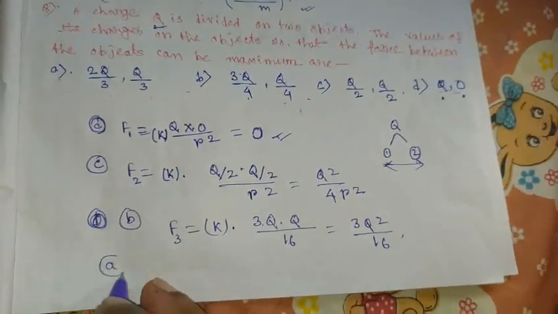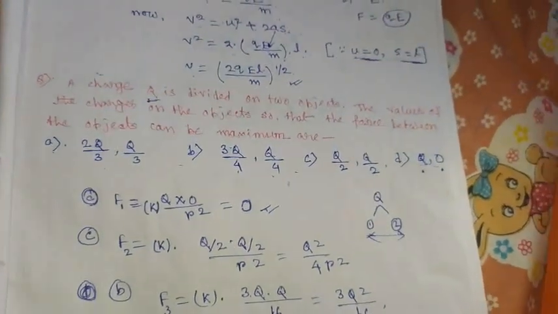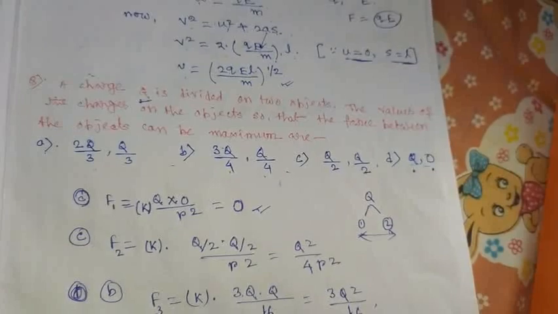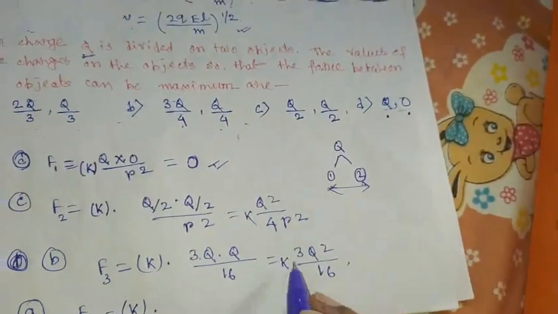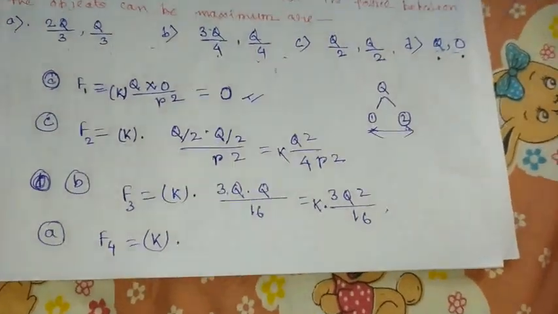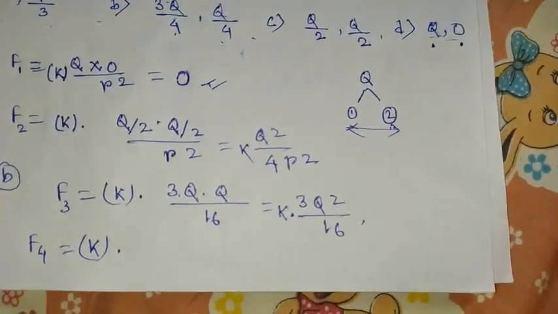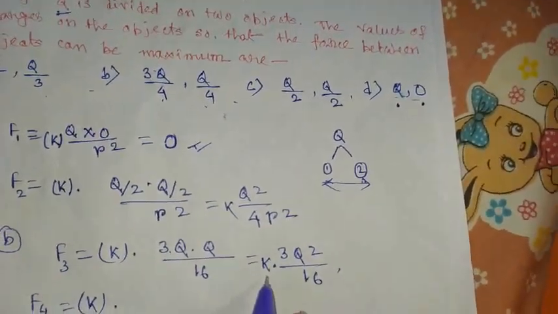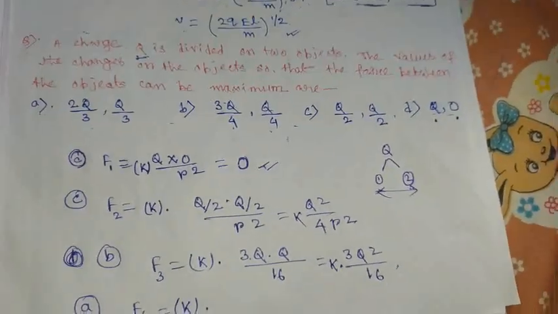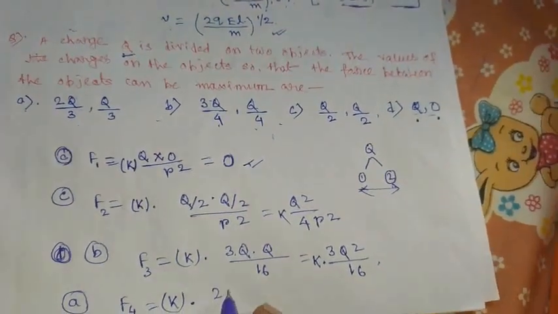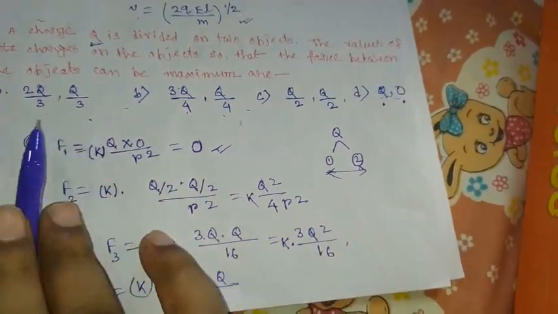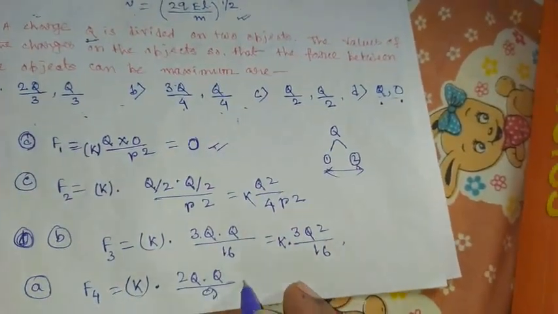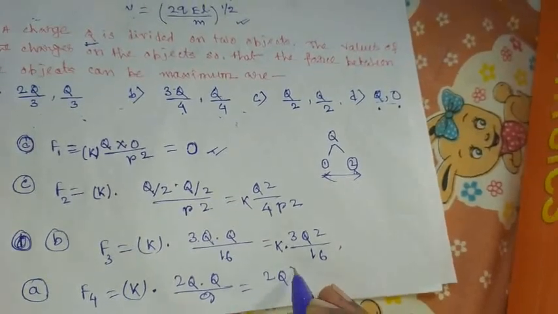And from option A, the force F4 can be written with a constant, but there is no role of this constant, so you can neglect this. So k into 2Q into Q by 9, 3 multiplied by 3 is 9, so 2Q square by 9.